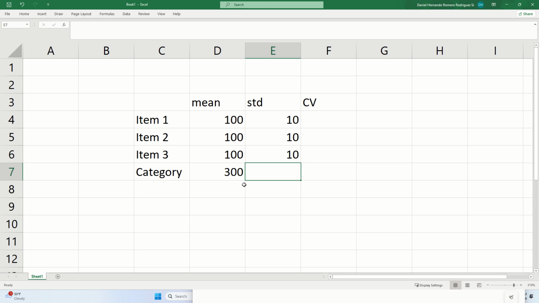I'm going to ask you to pause the video for a minute and try to guess how you're going to find the standard deviation of the category. Should I just add them up? The average of them? No. For standard deviation, we cannot just add the standard deviation. You can add the variance, that's possible, but here we're getting the standard deviation. So therefore, this is the square root of the sum of these variances.